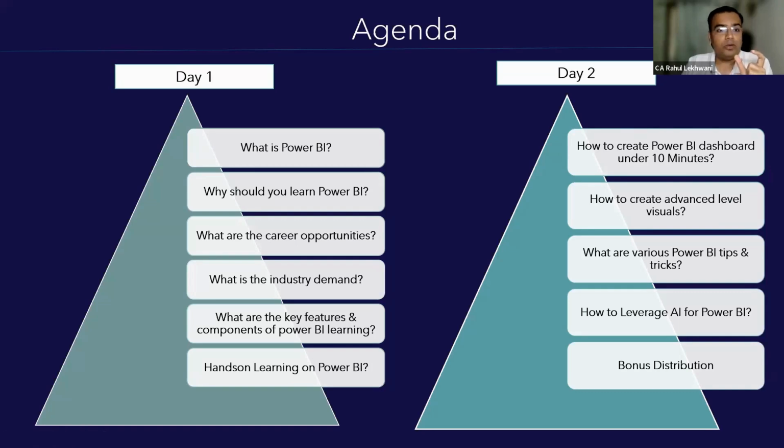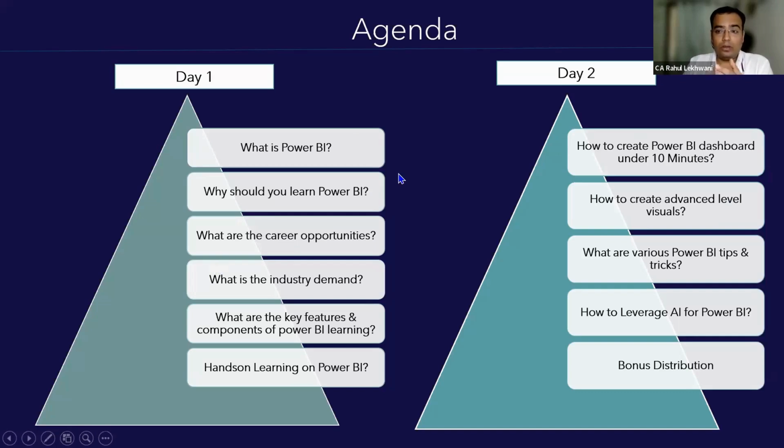These help you create from text to visual. You might have seen a lot of software or apps that create text to images with the help of AI. In the same way, we have a text to visual option in Power BI, which we are going to see.